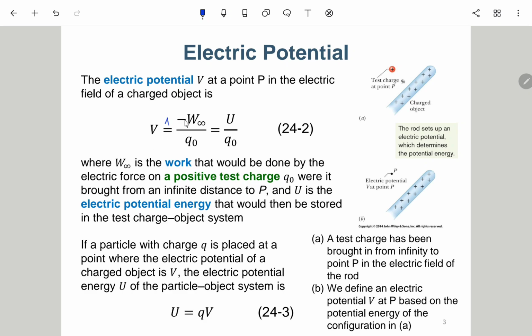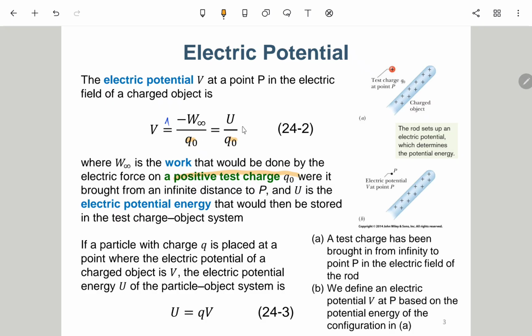V equals negative W infinity over Q0, or equals U over Q0. For the Q0, you can simply imagine it is a positive test charge there. And then here, what is negative W infinity and what is U?